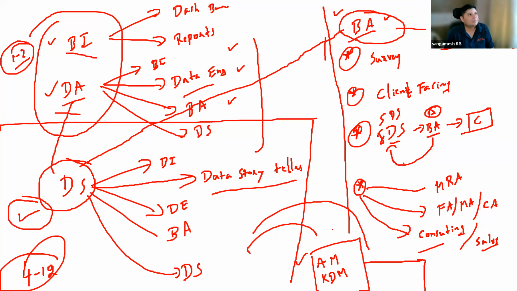See, I will give you some examples. These are the names of persons whom I met or dealt with in my career. There was a guy whose name is Shashank Talwar. He was a data scientist, right now in EY, I think.